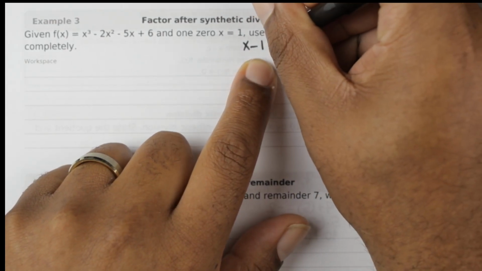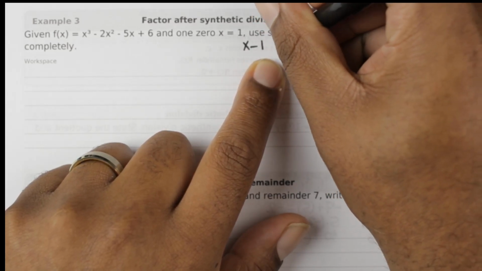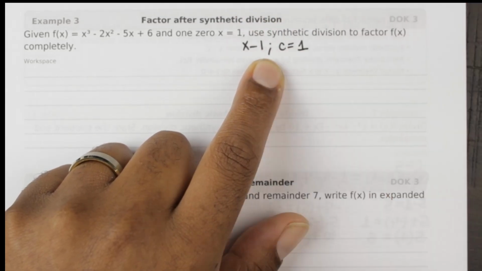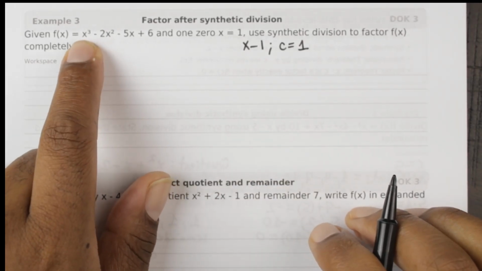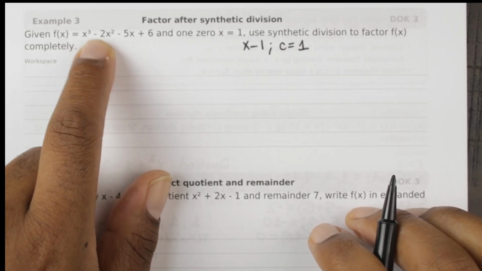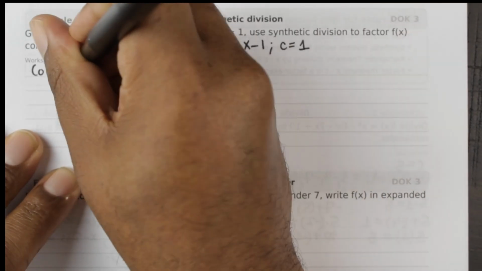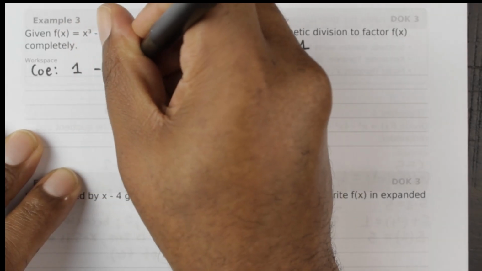So x minus 1 gives us c equals 1, and then we have coefficients of 1, negative 2, 5, and 6.